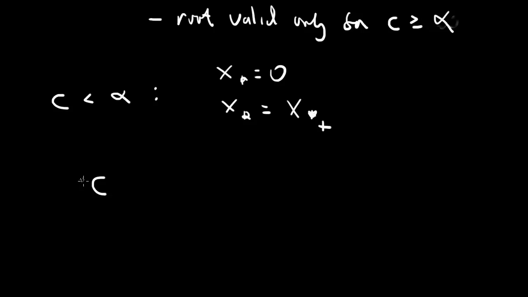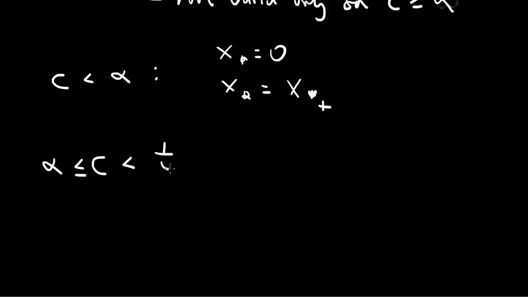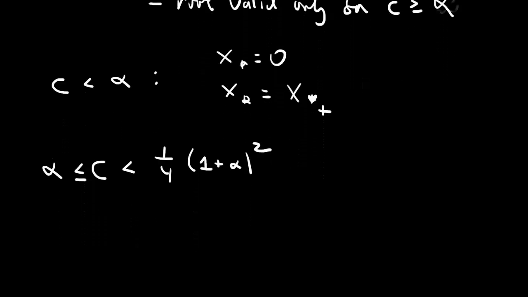And then when C is between alpha and 1/4 (1 plus alpha) squared, then we have three roots: x star equals 0, x star equals x star plus, and x star equals x star minus.